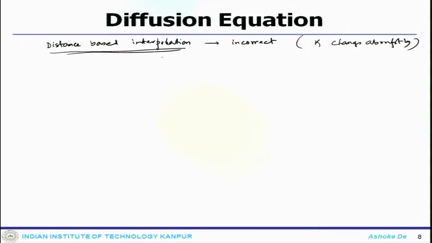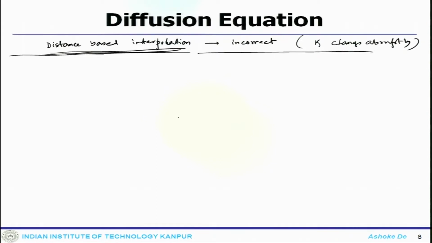So, in that case you need an alternative approach, and sometimes people use some different interpolation instead of this arithmetic interpolation.